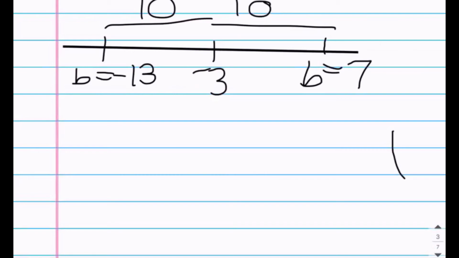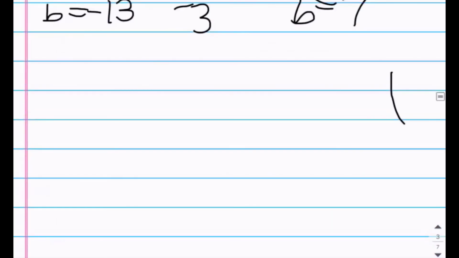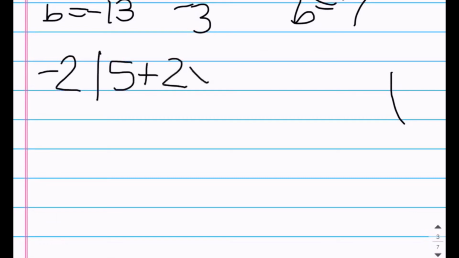Let's do another example. Let's make a final example of everything we've learned so far. Negative 2 times 5 plus 2x plus 8 is equal to negative 6. Now this sounds like a big problem, but now we have an adding 8. So this is just 8 more.